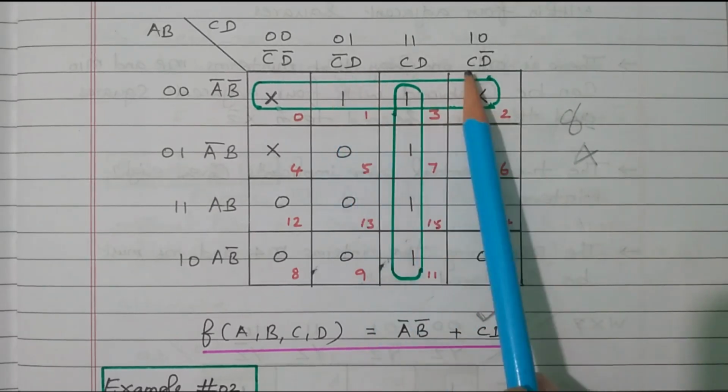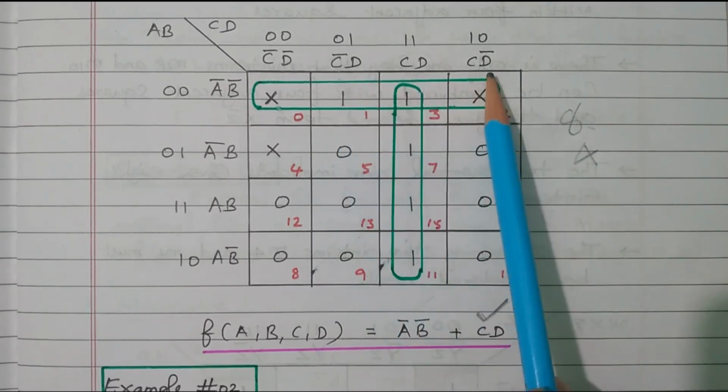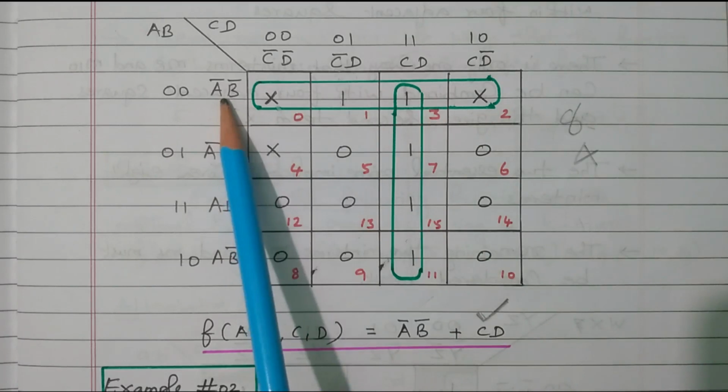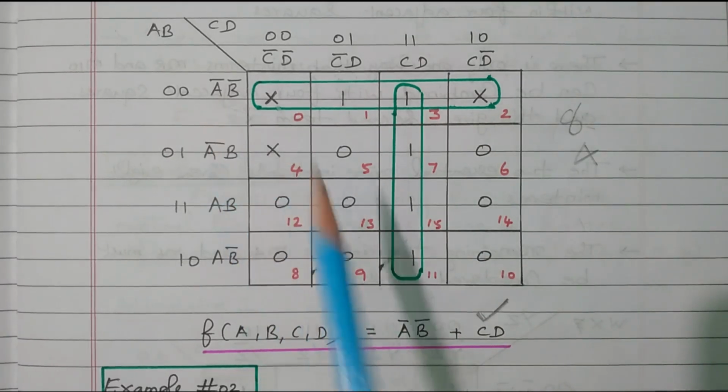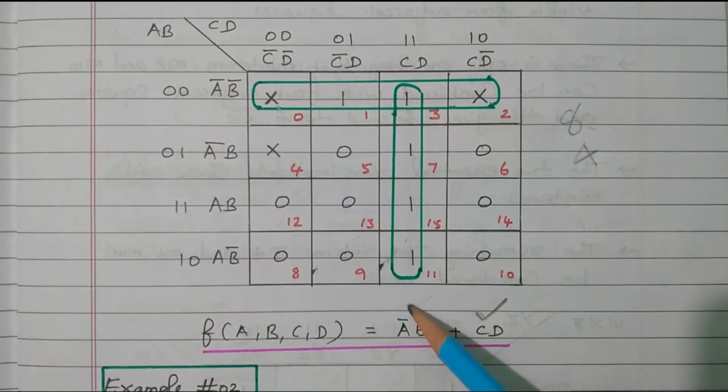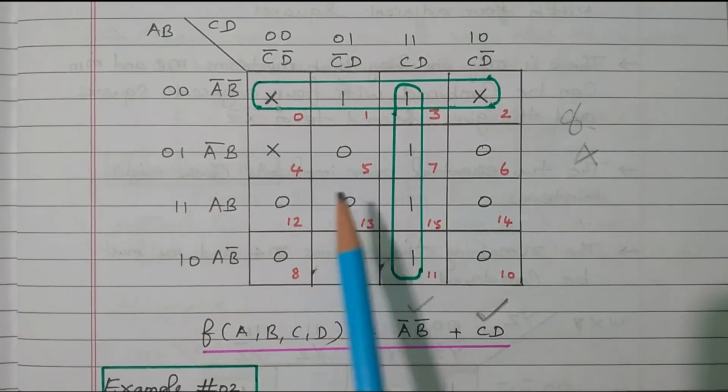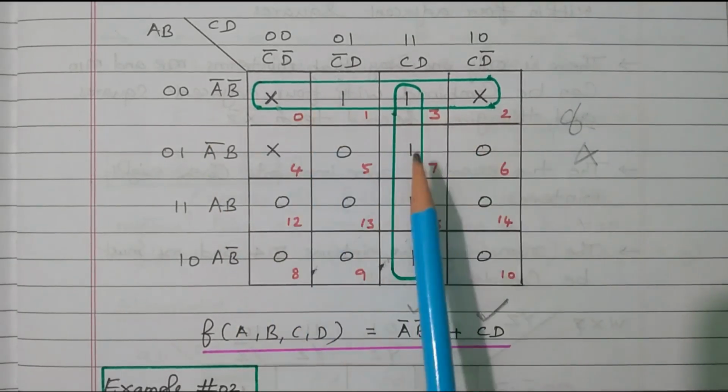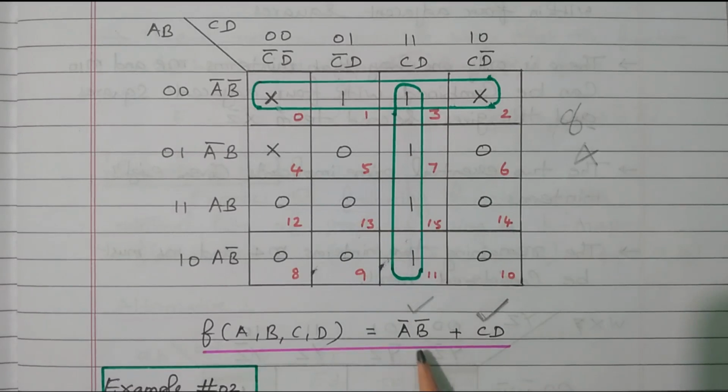So C bar is cancelled by C, D is cancelled by D bar. All the terms get cancelled. Only the first row, A bar, B bar, remains, and that is given here. This is the reduced expression due to the grouping of these four cells. Now we have the final expression: A bar B bar plus CD.